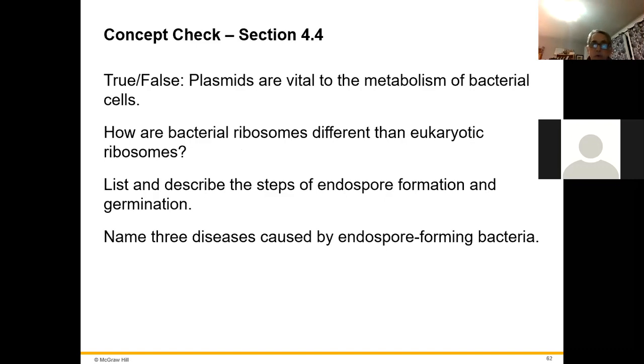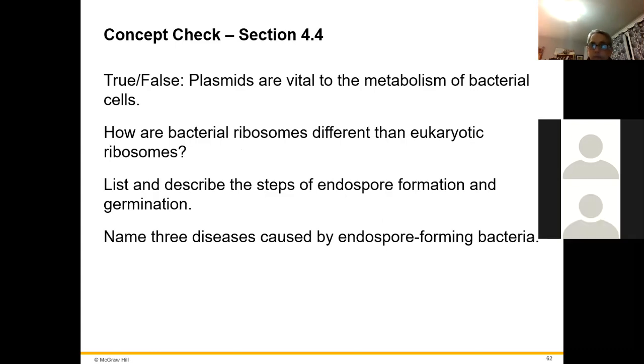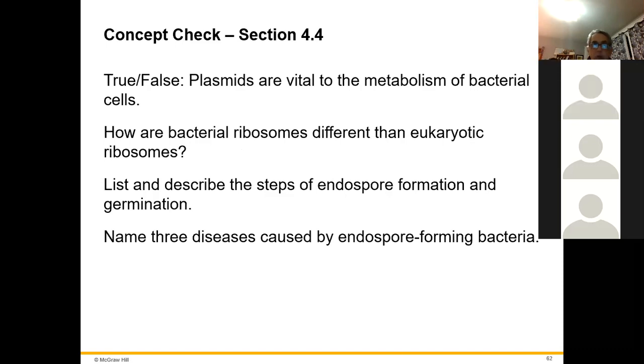True or false, are plasmids vital to the metabolism of a bacterial cell? True.